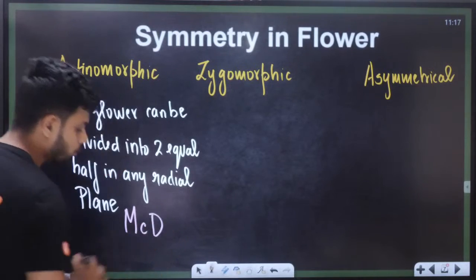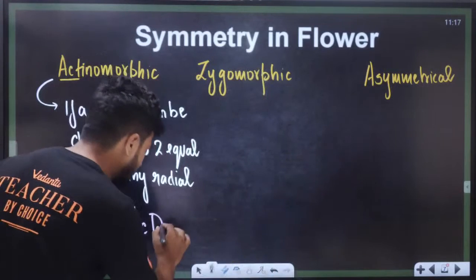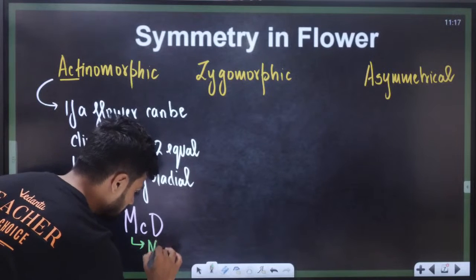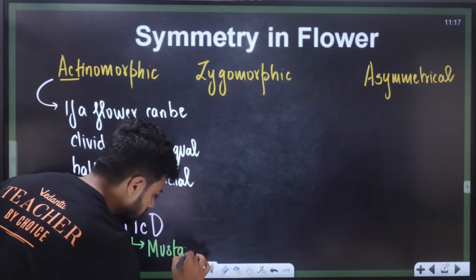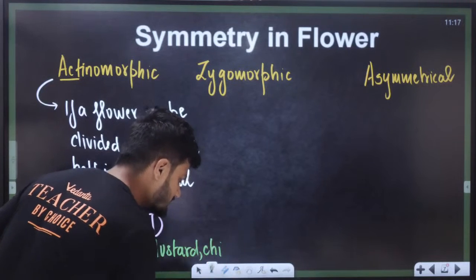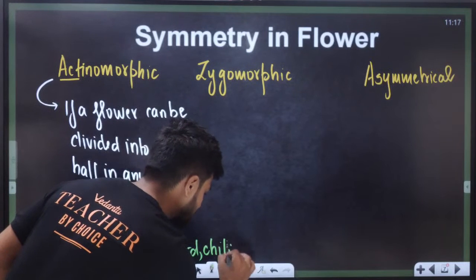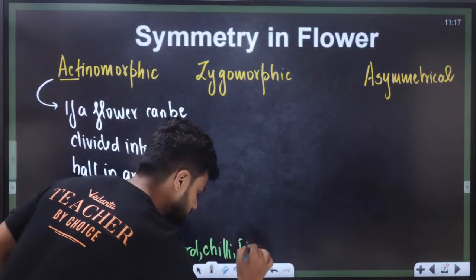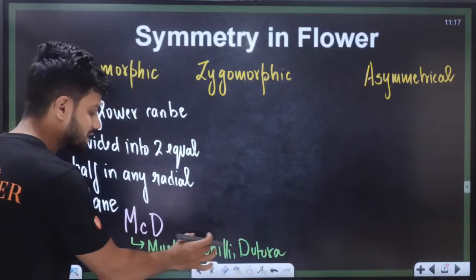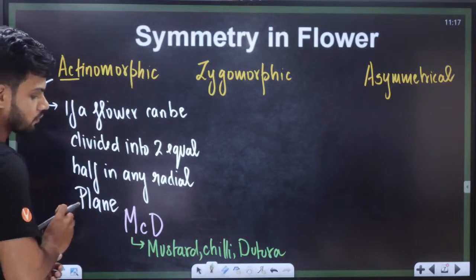MCD. Now what is MCD, students? M stands for mustard, C stands for chili, and D stands for datura. So mustard, chili and datura are the three examples for actinomorphic.